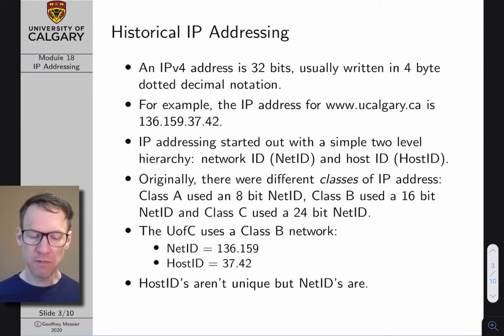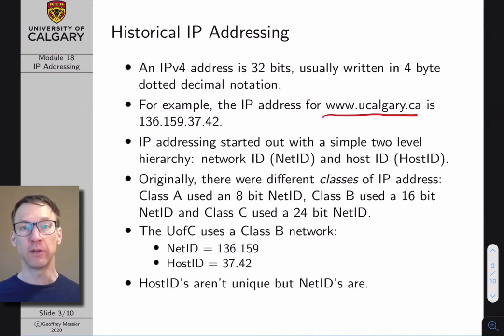So an IP version 4 address is 32 bits that's usually written in 4 single byte chunks separated by using a dotted decimal notation. And so, for example, the IP address for the University of Calgary website is 32 bits long, and we express it as the first byte dot the second byte dot the third byte dot the fourth byte.